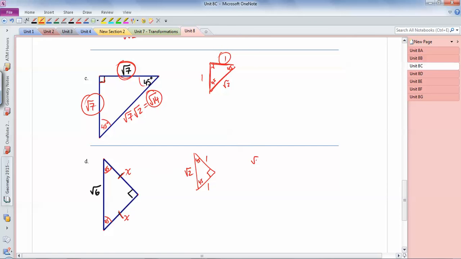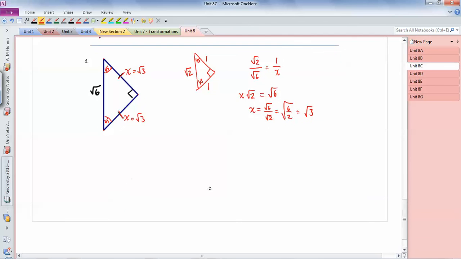So root 2 goes with root 6 the same way that 1 goes with x. And if I cross multiply, I've got root 2 times x is equal to root 6 times 1. And then I can divide the root 2 over. So x ends up being root 6 over root 2. And you might remember root over root, you can treat it like one big root. So that's going to be root 3. So this is root 3 and root 3.